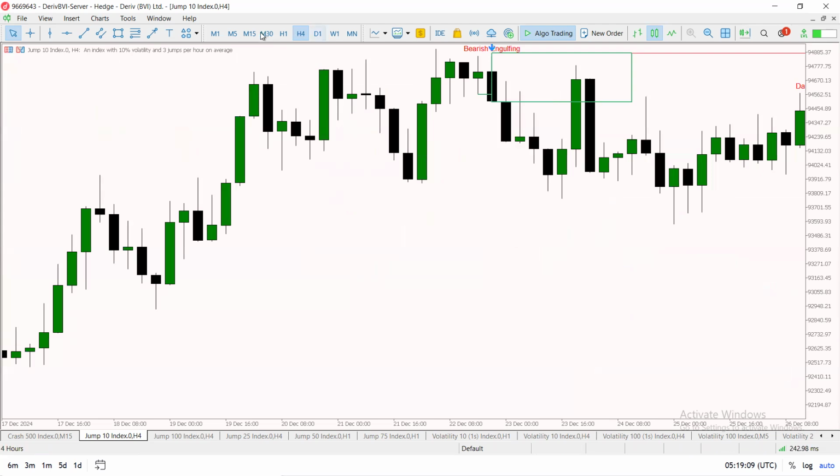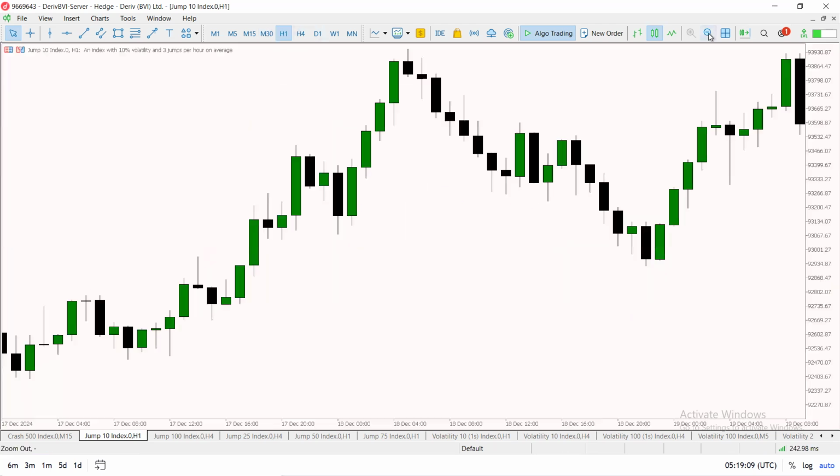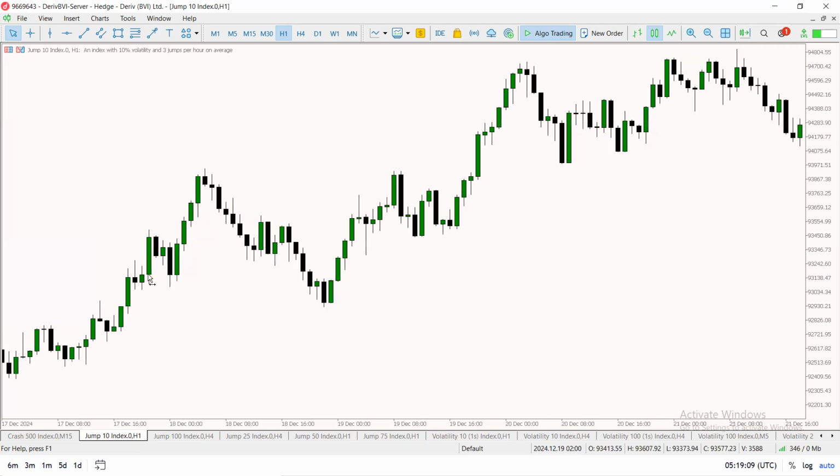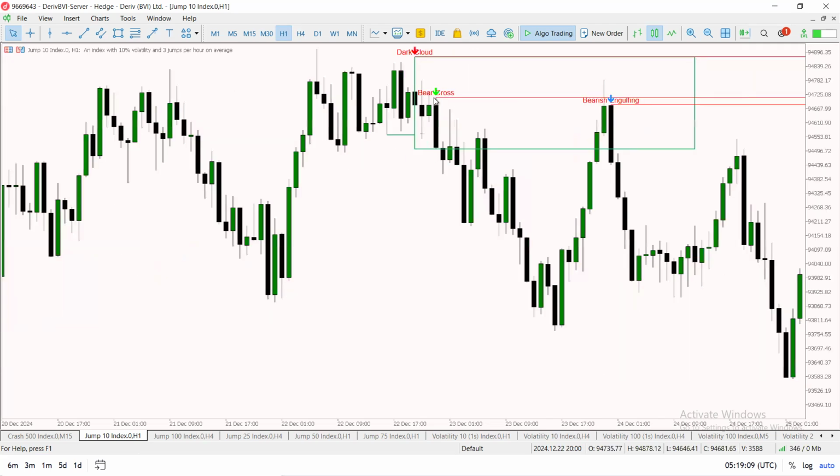So let's switch to H1. Remember, it's M15 we're using as entry. Now, on H1, what are we looking out for? We are looking out for a bearish engulfing. Are you seeing this bearish candle inside the H1?